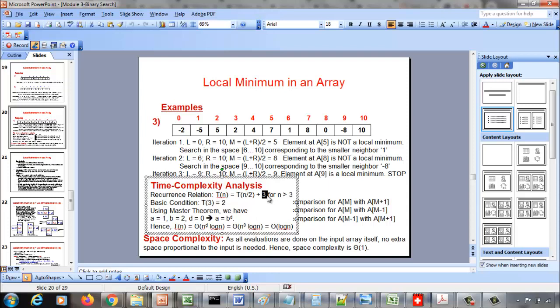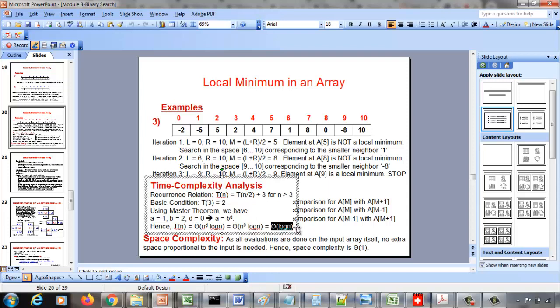So we can say theta of 1. According to Master theorem, we can then find d to be 0. So a is 1, b raised to d is 2 raised to 0, which is also 1. So it's theta of n raised to d log n, n raised to 0 log n, which is simply theta of log n.